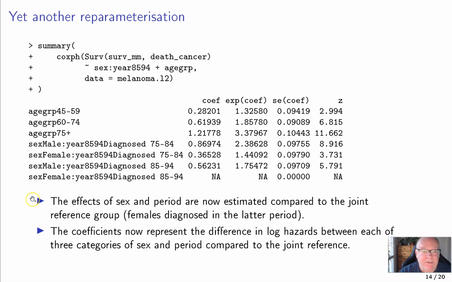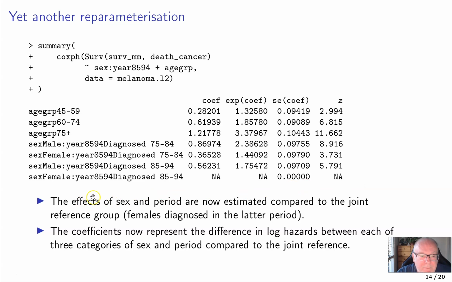Now, what this gives us is the effective sex and period compared to the joint reference group, which is females diagnosed in the latter period. So the coefficients now represent the difference in the log hazards between each of the 3 categories of sex and period compared to the joint reference group.